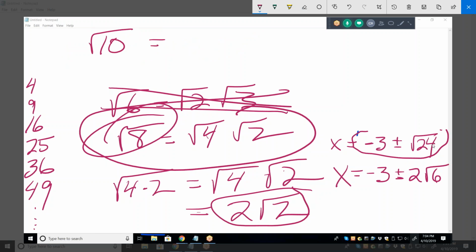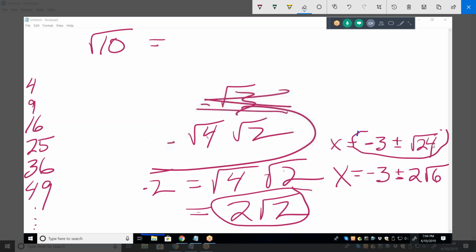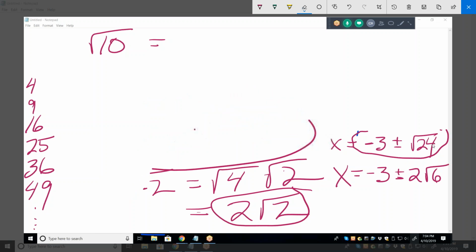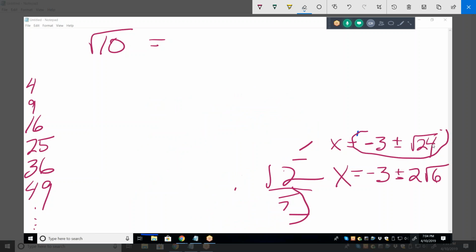How about that? Tell me whether that's simplified or not. Well, no, it's not. It would be square root 5, square root 2. Remember, you only do that if one of those numbers is on this list over here. And I'll put the first one up there, except I don't want to write that 1.